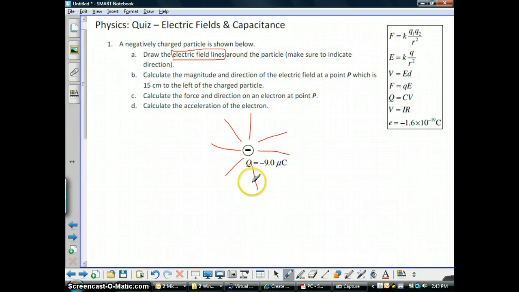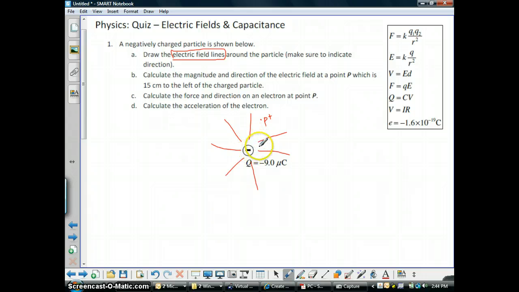The question is, is it pushing inwards or outwards? Which direction the electric field lines are going, you can find by using a test charge. Remember, a test charge is a hypothetical positive charge, which you imagine is there, and then imagine which way it would go.